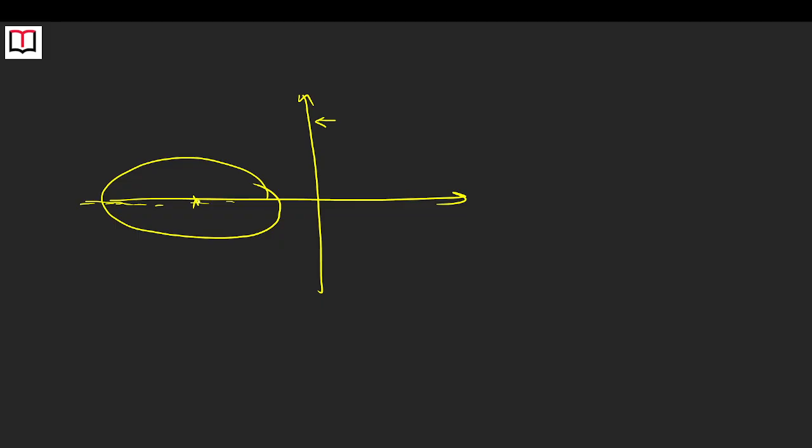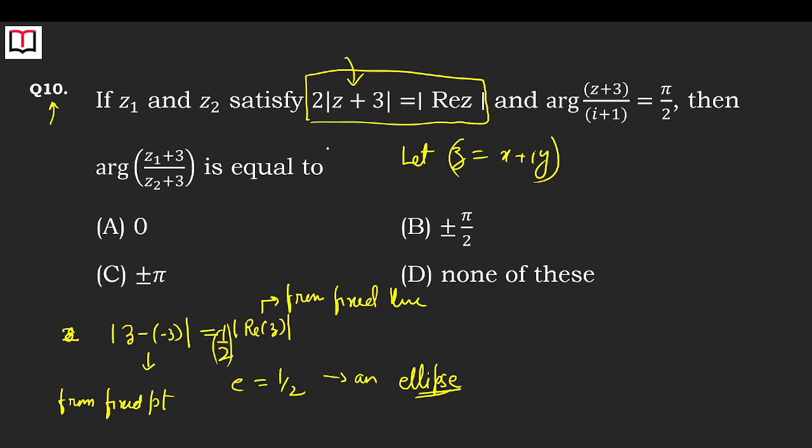That's being the focus. Remember that that's not the center, though we can easily find it. So that might be the center. This might be another focus. This is one focus, minus 3 comma 0. This is one end of the major axis, and this is our directrix. The y-axis or imaginary axis is the directrix here.